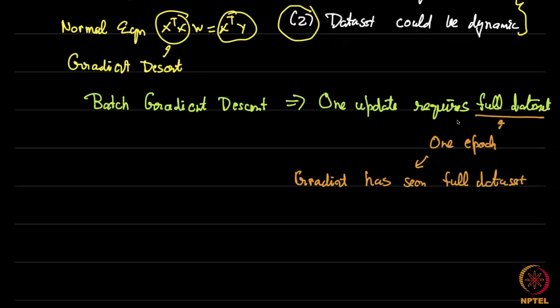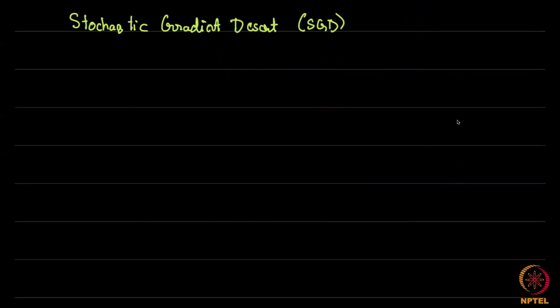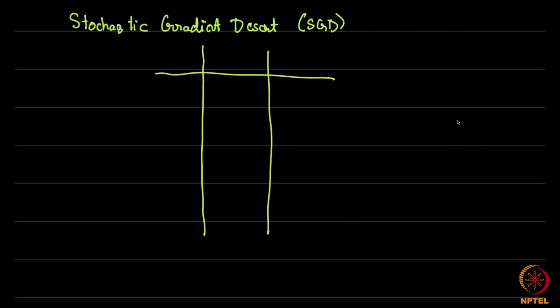Now let's go to the other extreme. The other extreme is what is known as stochastic gradient descent, SGD for short. Now, how does this work? Let's take our data set, the usual X, Y, Y hat.